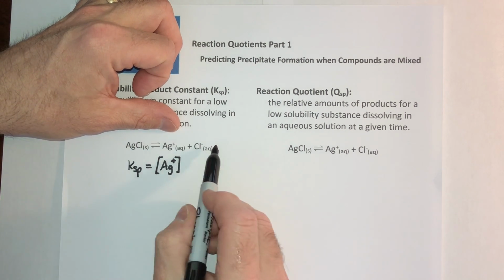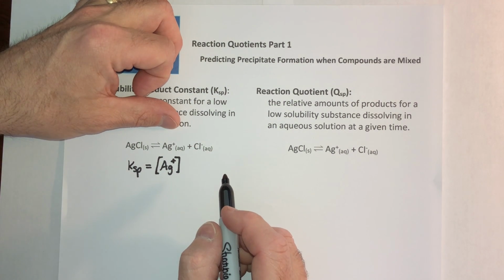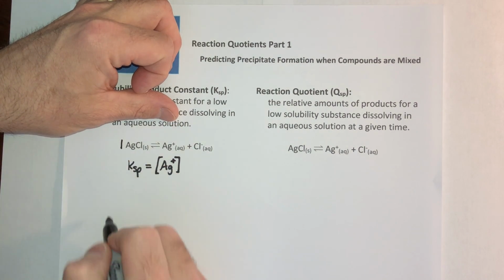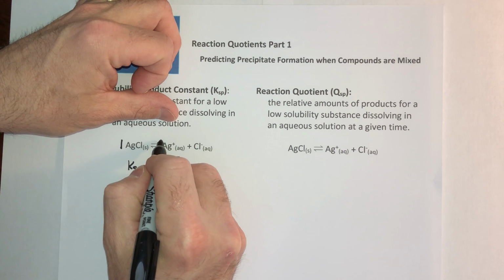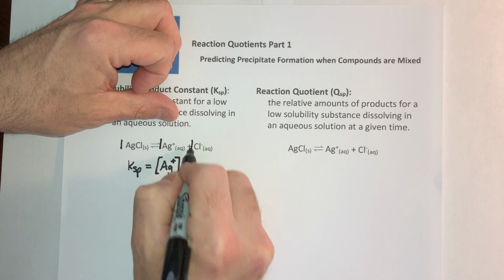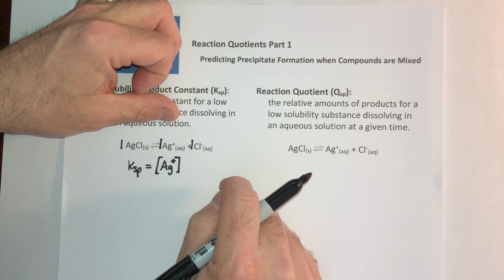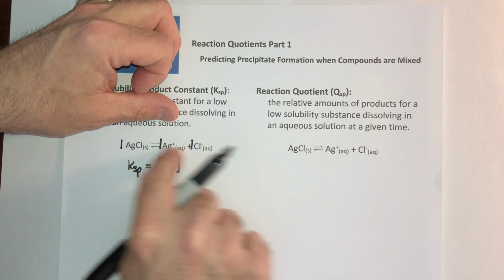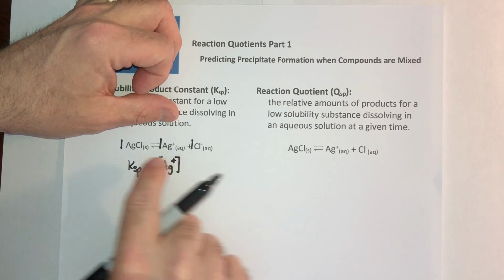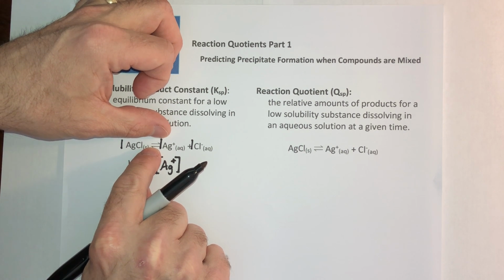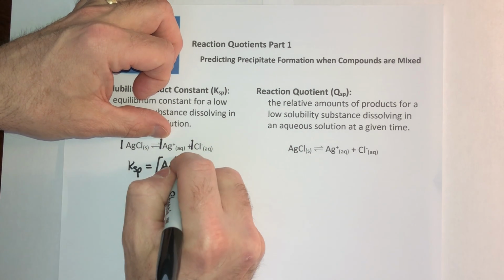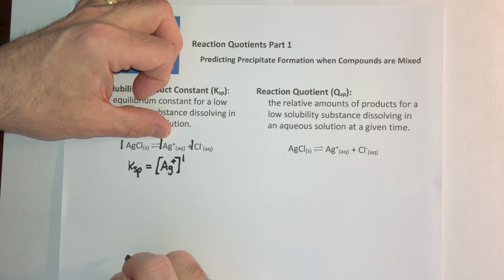Now, this equilibrium here is completely balanced. Okay, for every one silver chloride you have, it'll break up to give you one silver and one chloride. Now, the numbers used to balance the equation are important because they do show up in my equilibrium expression. If I use the 1 to balance the equation in front of the silver, in my equilibrium expression, that becomes a power of 1.